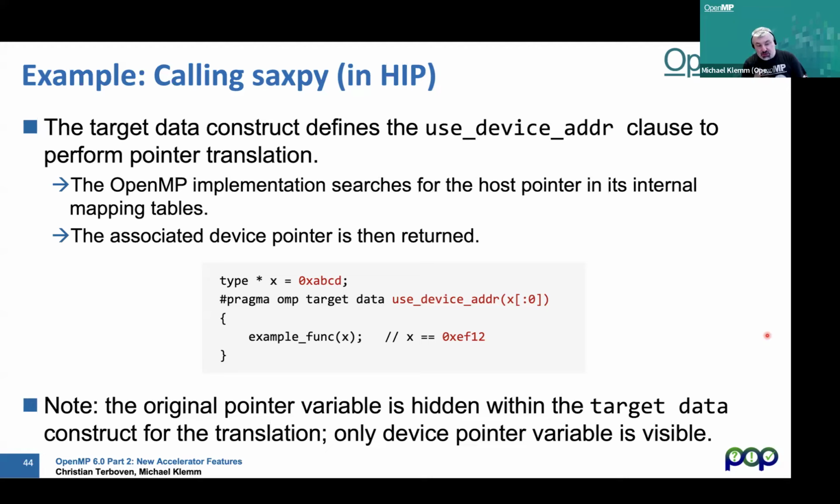So if you have this type star X outside of the target data region, and then you have use_device_addr inside the curly braces of target data, the original X that was pointing to host memory is hidden and shadowed by a new X that now contains the device pointer. That's a bit of a weirdness, but it also helps us, when you elide the OpenMP directives, to get something closer to the serial or non-GPU version of your code back.